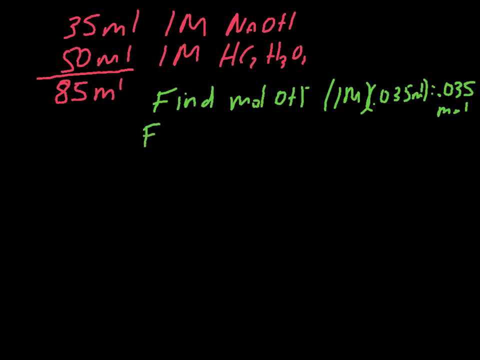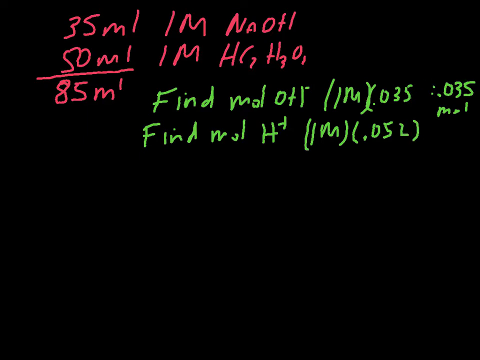Now I'm going to find the moles of the acid that are sitting in there. It's not OH, it's H+. So I had 1 molar acid. I had 50 milliliters, or 0.05 liters.